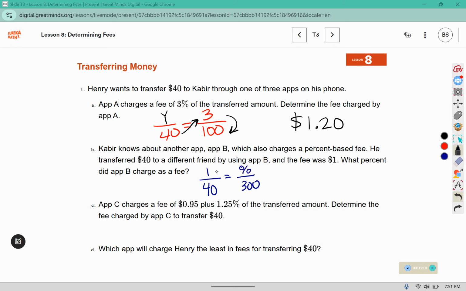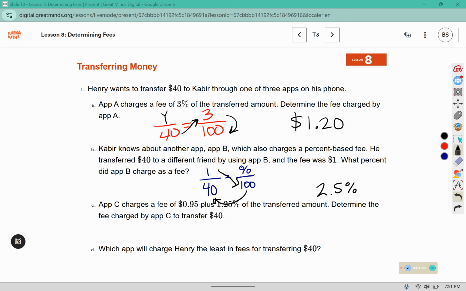So if we cross multiply here, oops, not 300. Cross multiply, then divide. 1 times 100 is 100. 100 divided by 40 is 2.5 for the percent fee that they were charged.